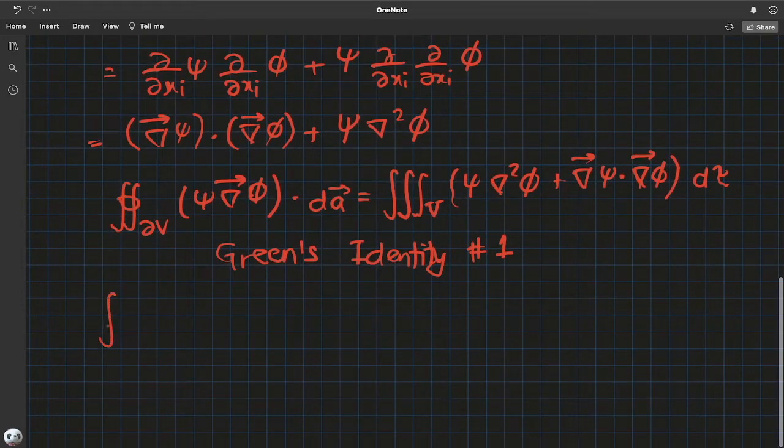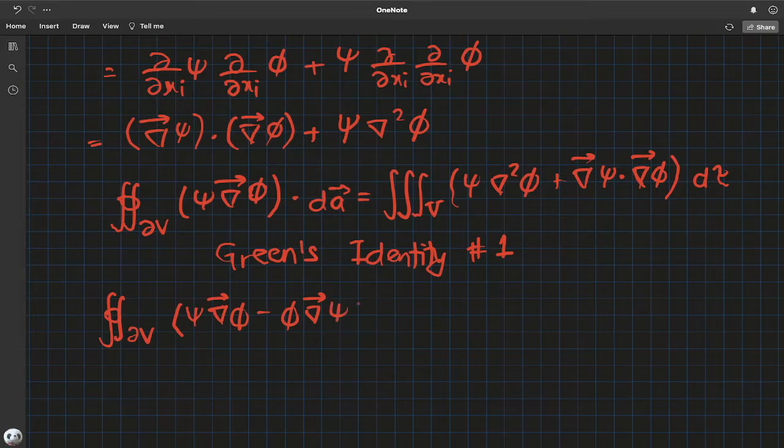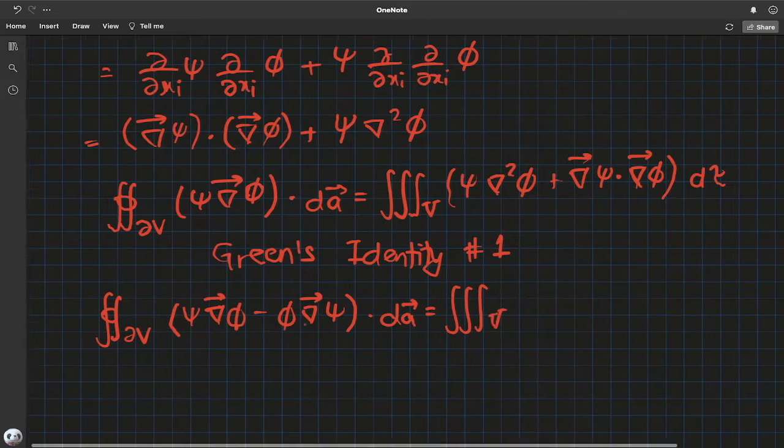And another one is, which is sort of related to the top part, again the surface which is a boundary of a volume of psi gradient phi minus phi gradient psi dot dA. This will just be again the triple volume integral of the divergence of this guy.